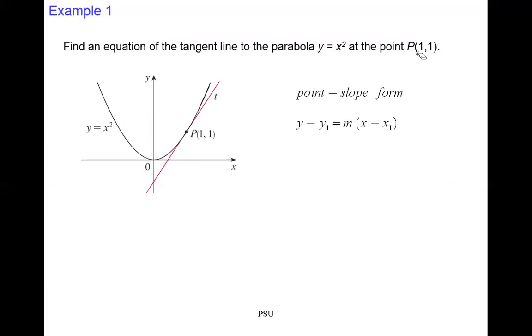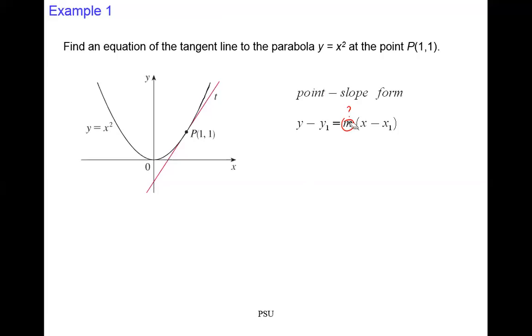That means since the point is given, I like to start with the point slope form of the line because it's just the equation of the line. Of course, it's the special line, the tangent line, but it's still a line. If you remember point slope, which I will probably use a lot, because the point is given, we still have a question mark slope.